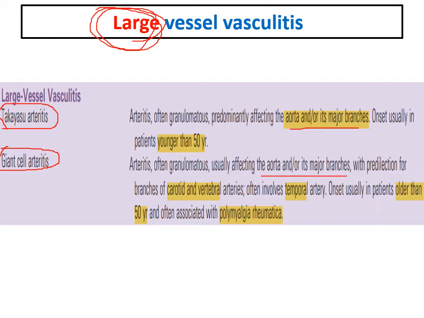But the main difference is that Takayasu usually affects patients younger than 50 years of age, but giant cell arteritis or temporal arteritis mainly affects patients more than 50 years of age.